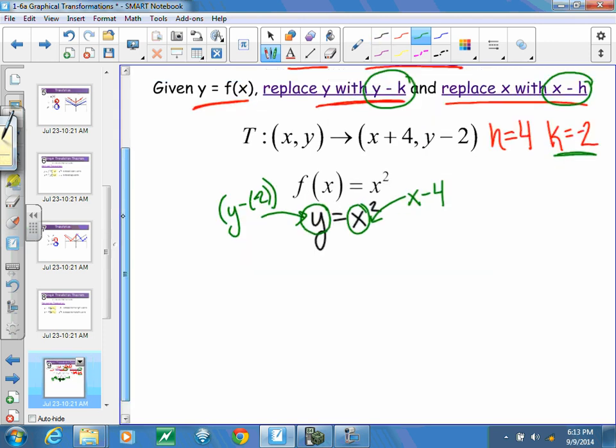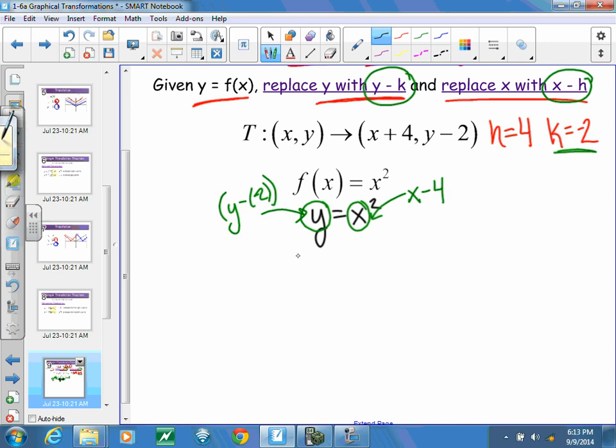Once I take these values and replace them, I end up with y plus 2 is equal to, and I have to make sure I put this in parentheses, because it's x minus 4, that quantity squared. Now let's say I wanted to graph this to actually see, did we move to the right 4 units? Did we move down 2 units?